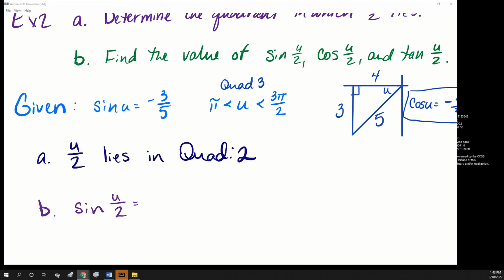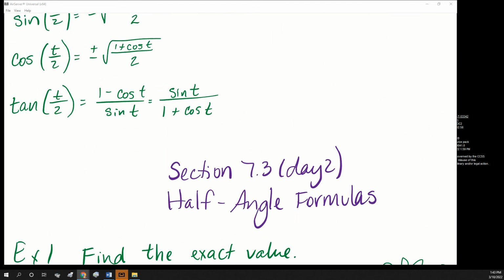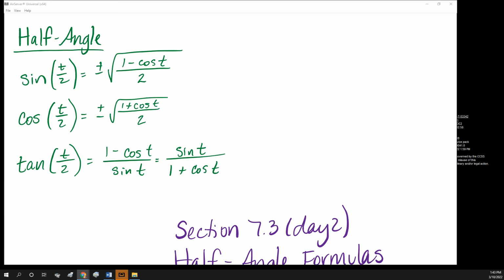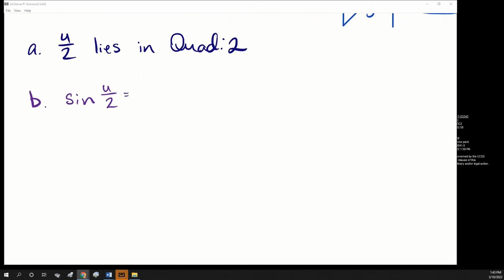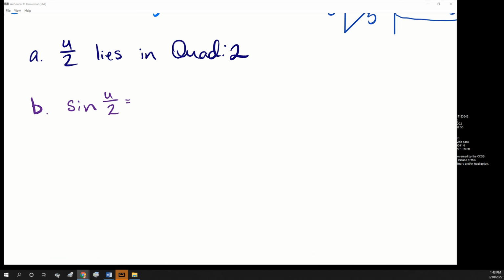All right, and so like I said at the beginning, we're going to either do the positive square root or we're going to do the negative square root. So since u over 2 is in quadrant 2, for the sine, it's going to be the positive square root, because sine is positive in quadrant 2.